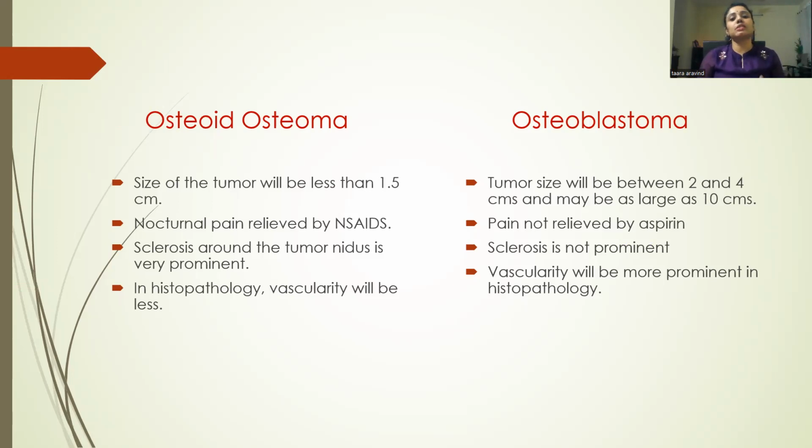In osteoid osteoma, the pain is relieved by non-steroidal anti-inflammatory drugs, but in osteoblastoma, the pain will not be relieved by NSAIDs. In osteoid osteoma, radiographically, around the tumor nidus the sclerosis will be very prominent, but in osteoblastoma it might not be prominent. Histopathologically, the vascularity will be less in osteoid osteoma compared to osteoblastoma.